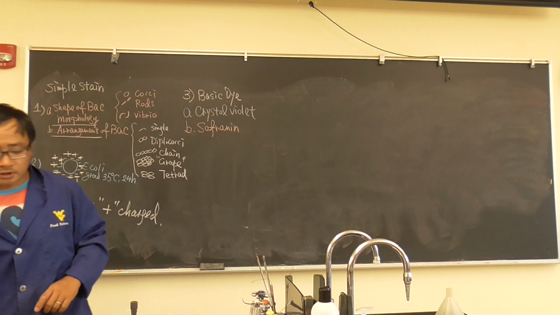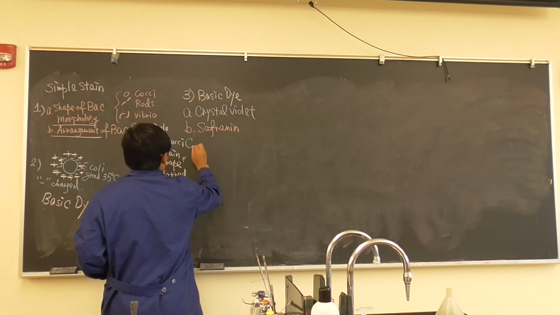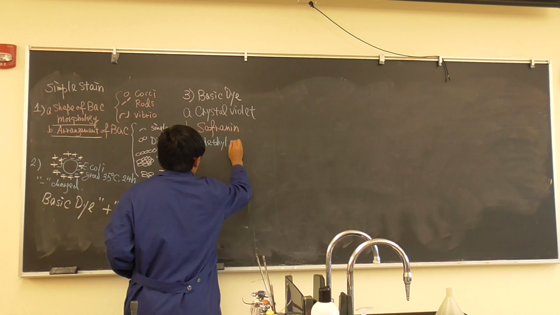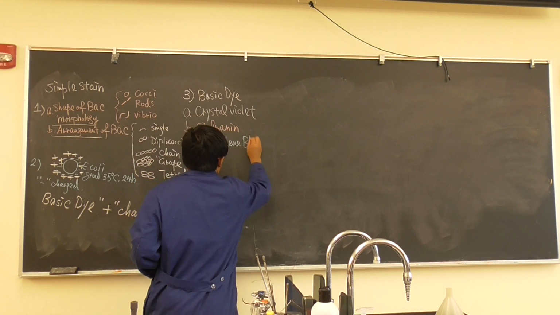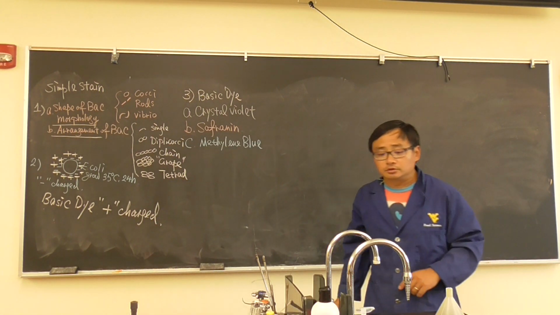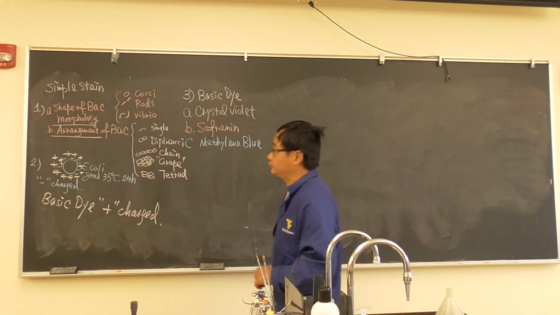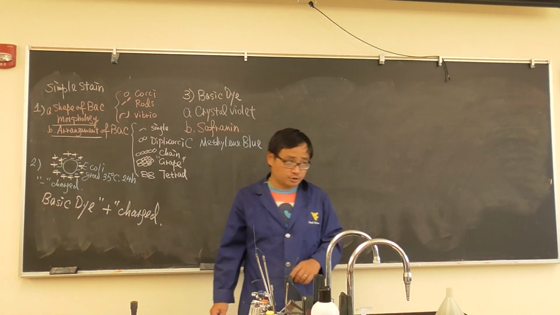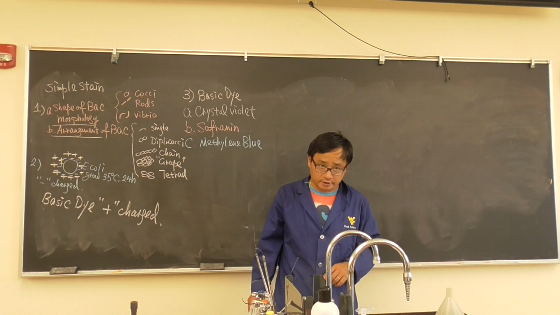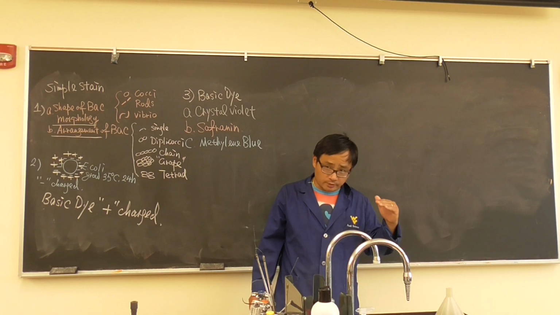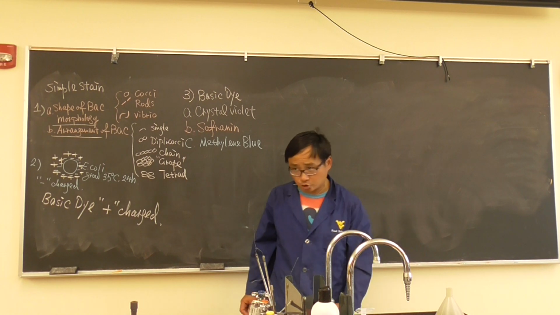Number 3 is the blue color. We call it methylene blue. However, with methylene blue, the positive charge is not very strong. So usually the first time when you do the simple stain, we do not recommend you to use that because it's a little bit weak. The positive charge is not going to make your stain very good and very strong.